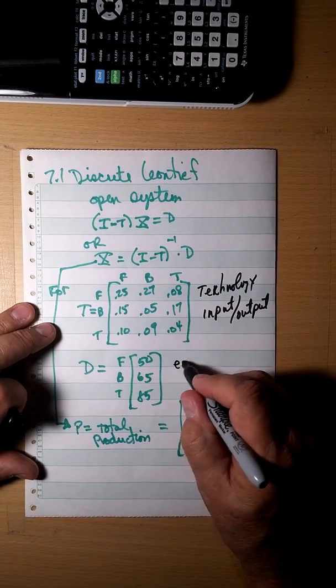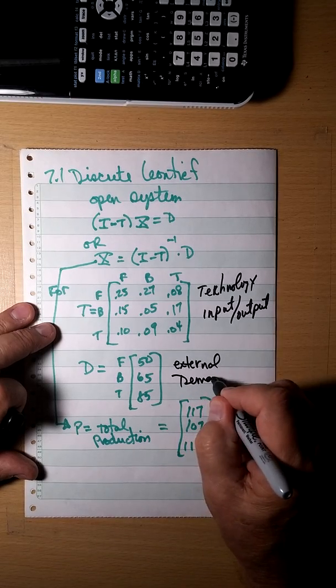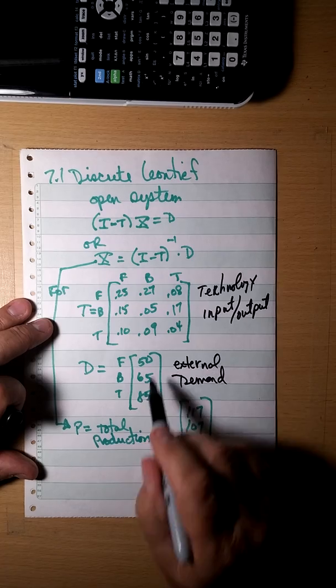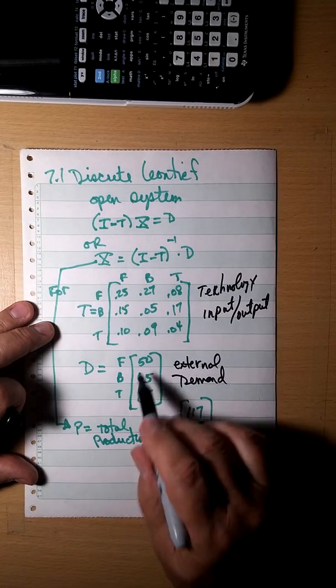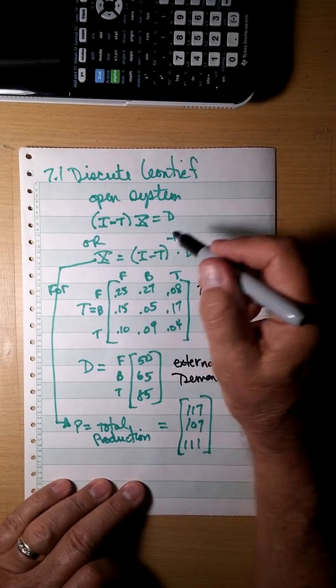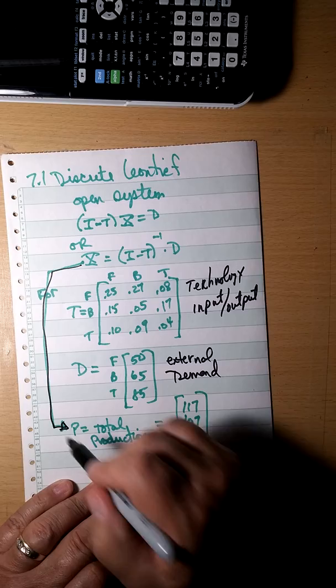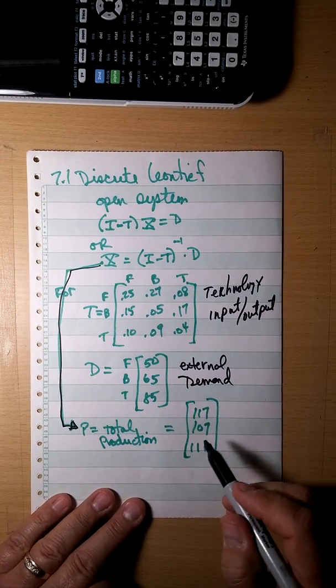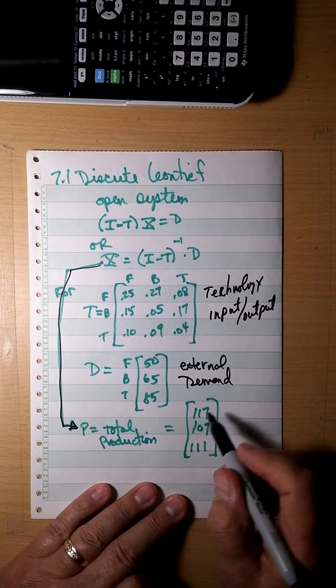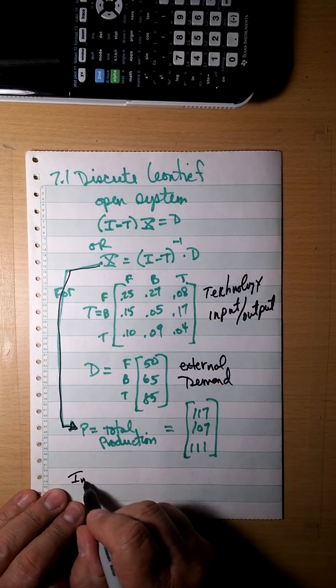D is the external demand. So if they want the external demand, they really have to give that to you. This is what they want outside of the business. The total production is when we calculate that. That's really this X. That was that last answer, the total production of all that stuff. This will take care of the external demand and the internal demand.